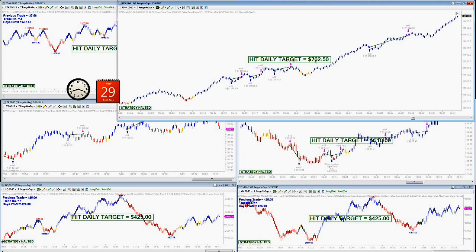Our daily target on this one was 500, like the symmetry, but when the market goes in your direction, the system stays on, and when we cross the 500, the auto trade is not going to close on the 500.